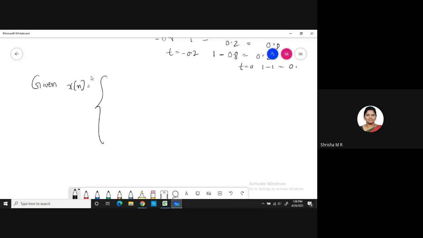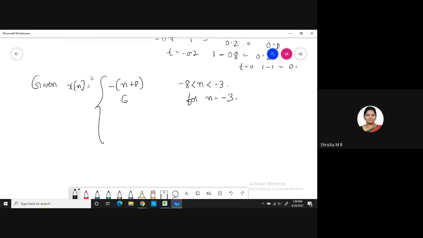So x of n is equal to minus of n plus 8 for minus 8 less than n less than minus 3. Then you have 6 for n is equal to minus 3. Sorry, I'm sorry, it is for n is equal to minus 3.